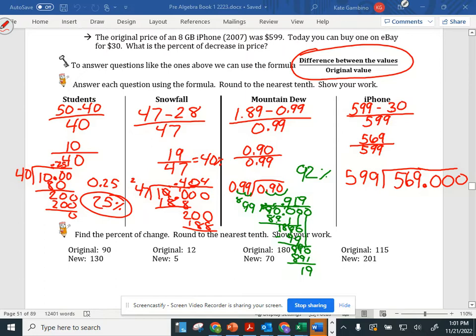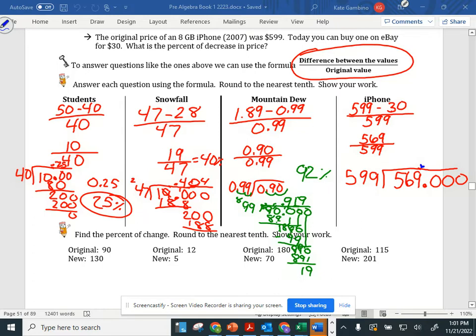Okay, so let's look at how we did that division. I'd say about half of us have finished so far. Some did our division correctly, some had a little bit of mistakes. So 599 into 569, we can't do, so we have to go into our decimal.